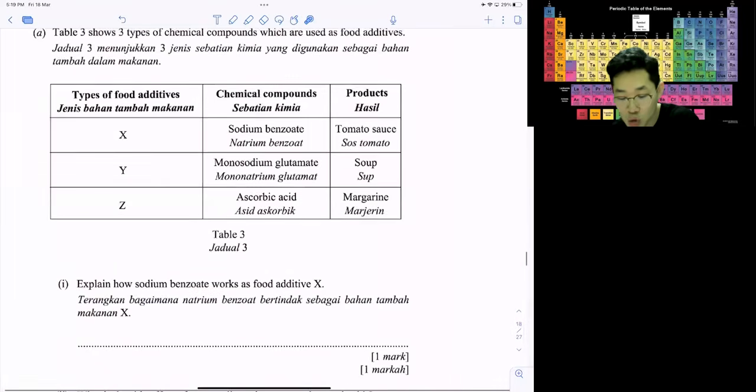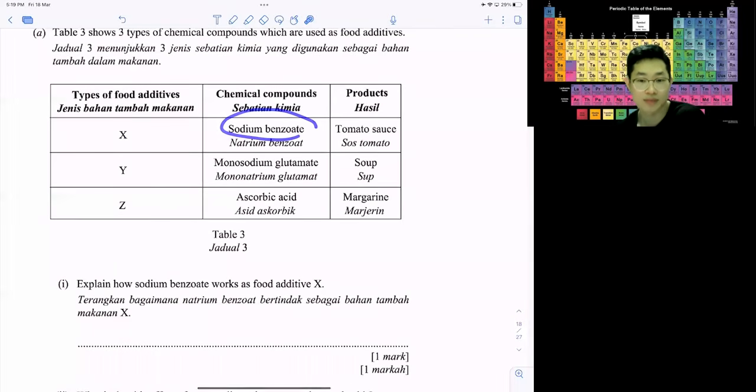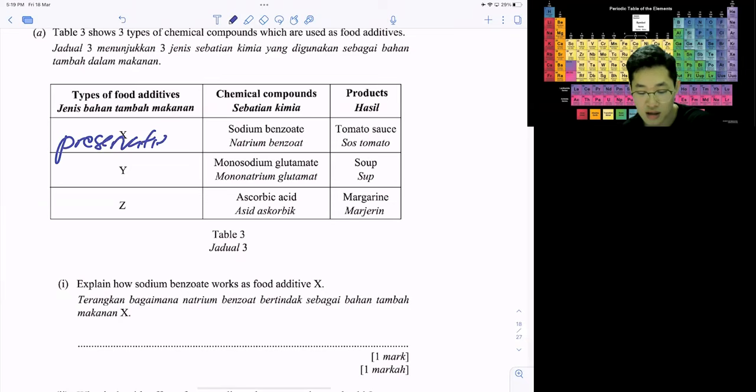You see, sodium benzoate. Got benzo, must be preservative. Yes. MSG. If you do know this one, you're so weak. What's that? Flavoring. The king of flavor.